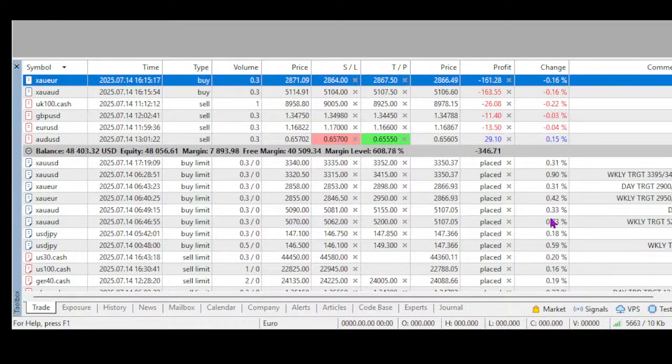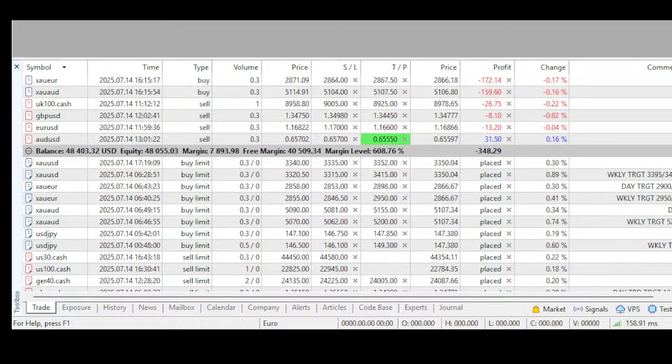Otherwise, you end up losing a lot. You see? I was expecting this market to turn up, but unfortunately it didn't really turn, so we wait for the next drop.